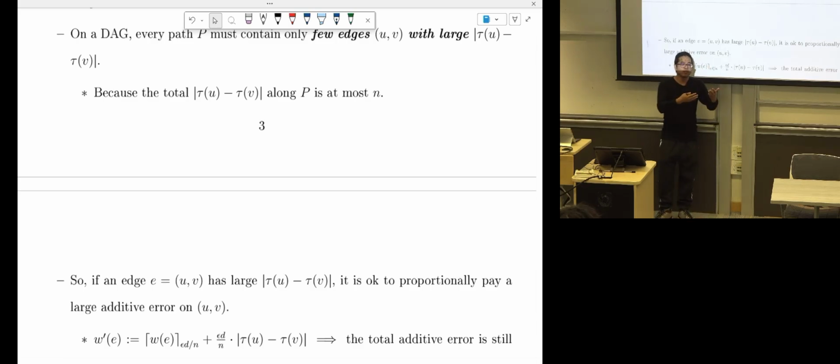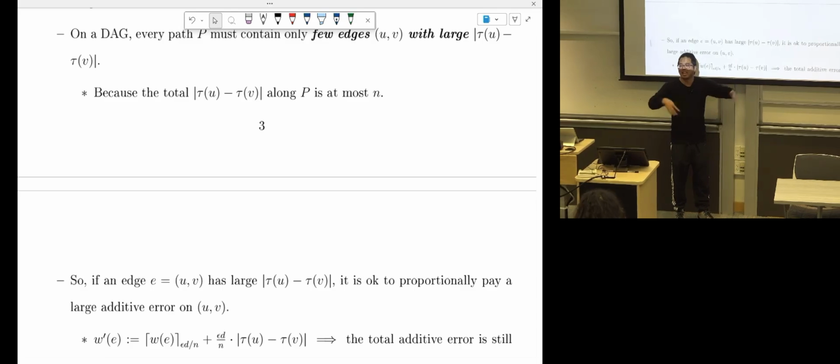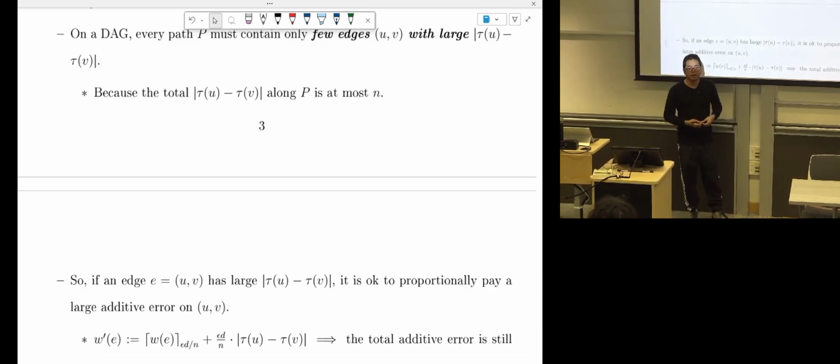In the previous algorithm, we just said that for every edge, we round it up to some multiple of epsilon d over n. So we just pay additive error the same way, uniformly for every edge. But now we know that for the edges that have this thing large, there are few of them anyway. So it's okay to just pay large additive error on them.